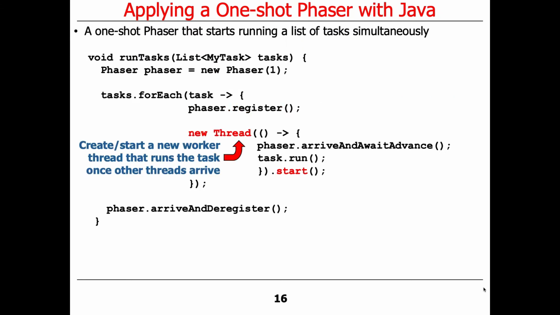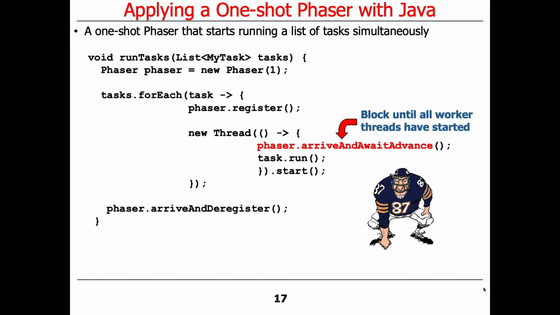We then go ahead and create a new thread and start it, and this is going to run the task. And you can see what this does is it says arrive and await advance. So basically it says, block all the threads that get started. Remember, let's say there's 10 tasks, so we're going to create 10 threads, and each thread will say, I'm going to wait until everybody's shown up.